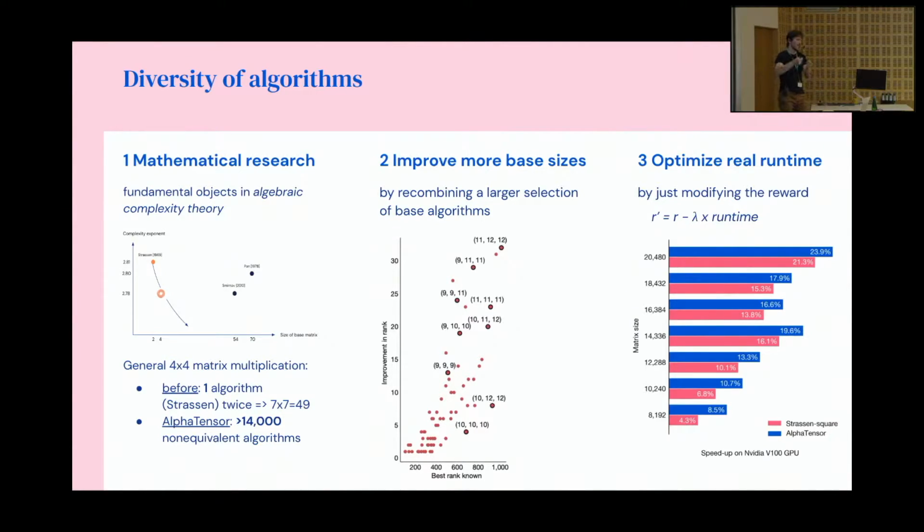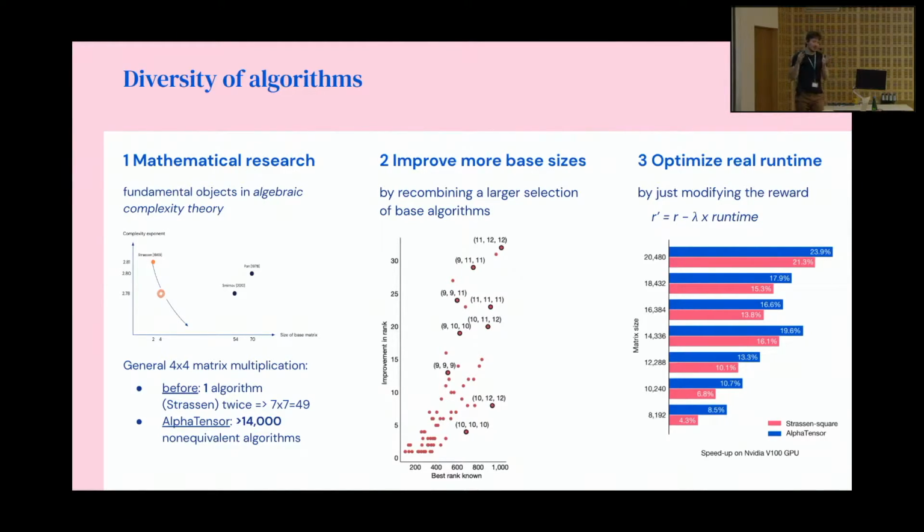We can take this algorithm and immediately benchmark it on a specific piece of hardware, let's say a specific GPU. And depending on how fast this algorithm actually is in practice, we give a reward. So if it's very fast, we give a larger reward. If it's slow, we give a smaller reward.